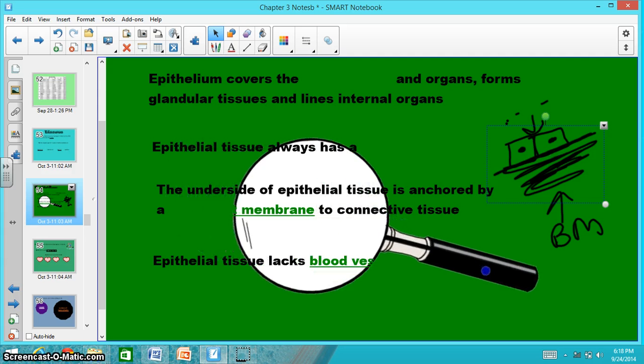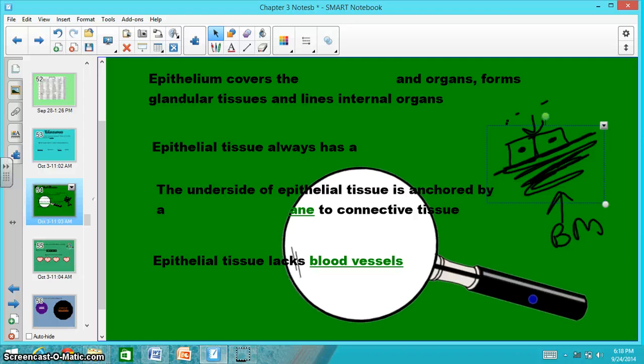Another characteristic of epithelial tissues is that they lack blood vessels. Their cells typically don't last a very long time, and so you're going to find them in spots where they can become damaged easily. It's pretty much there to protect you. For instance, your outer skin, your epidermis, is composed of epithelial tissue.